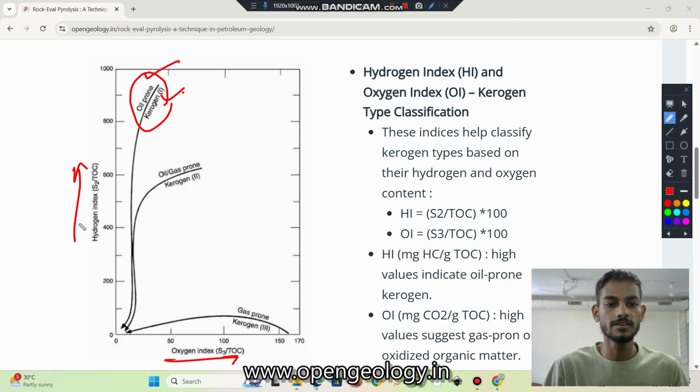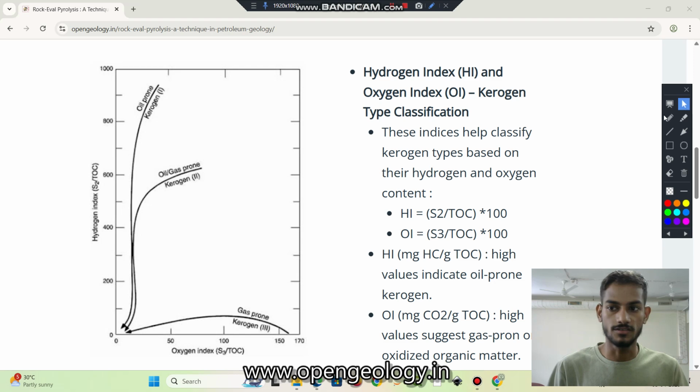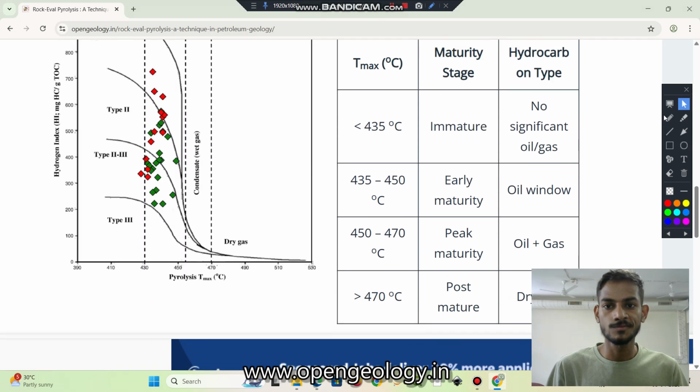So high hydrogen index means kerogen 1 is present and it is more oil prone. While if they are more or less similar, that means kerogen type 2 and both oil and gas can be present. Now if there is kerogen 3, we have more gas prominent areas than oil areas. So this is the graph which is very important in terms of analysis.